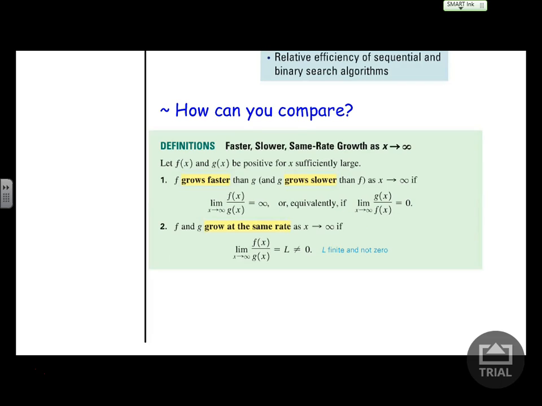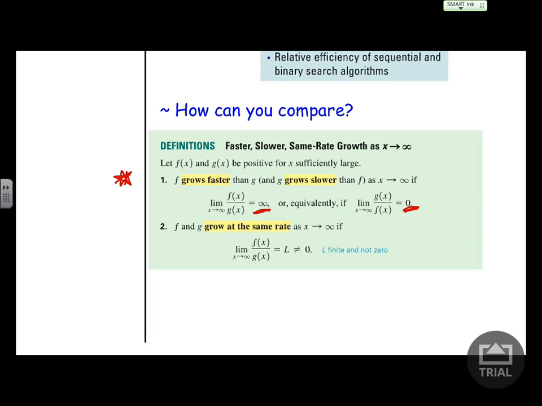But to some extent, this might be a little counterintuitive, in that you can say that when two functions are being compared, one grows faster than the other, or similarly, one grows slower than the other, if the limit is either infinity or 0.